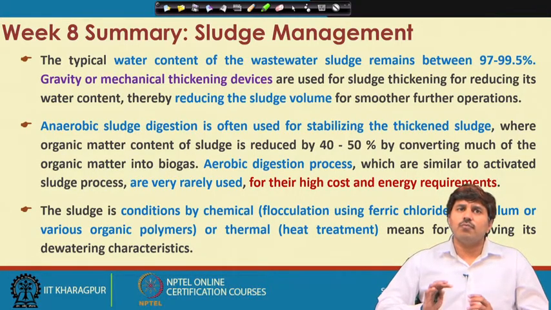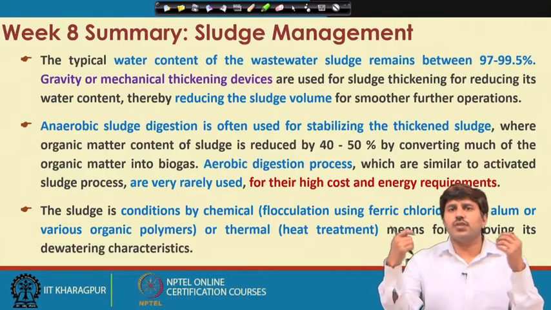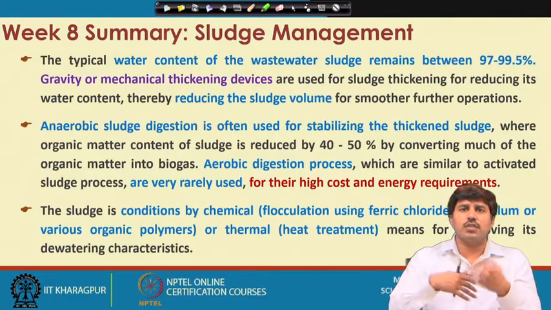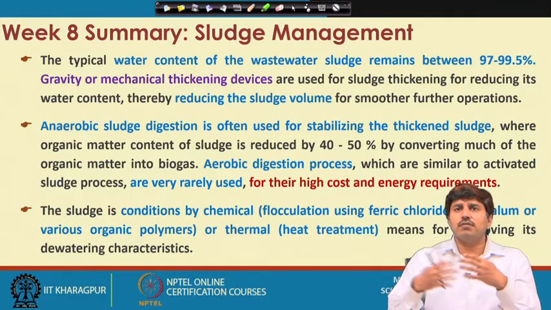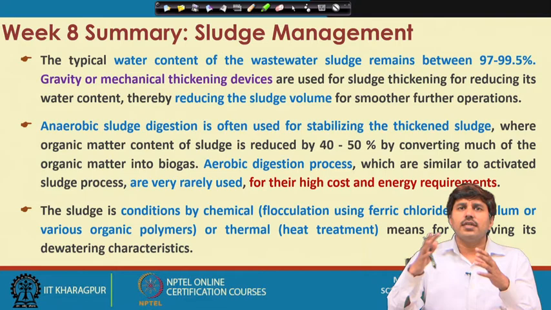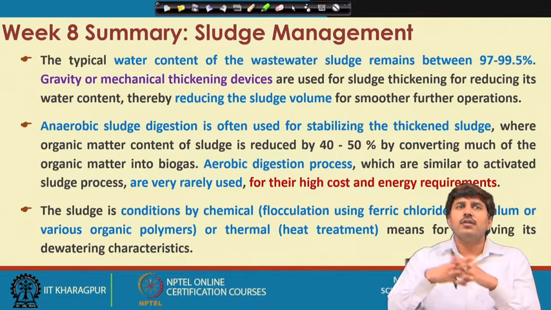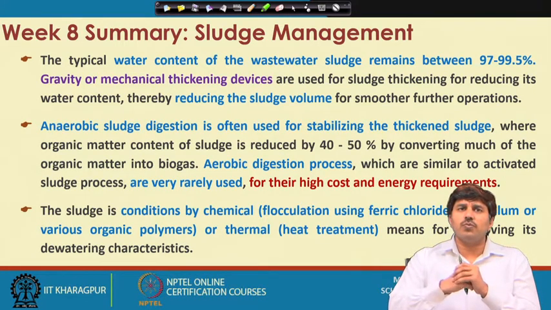Anaerobic digestion is more common here because of the high energy needs and high treatment cost of the aerobic digestion process, which is similar to the activated sludge process, and we need to give a larger retention time. When aerating that thickened sludge, oxygen transfer also becomes very difficult, and doing that for a large number of days is very difficult and very costly. That is why anaerobic digestion is far more popular.